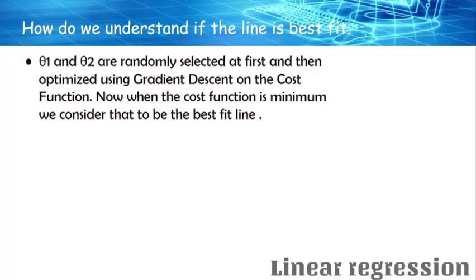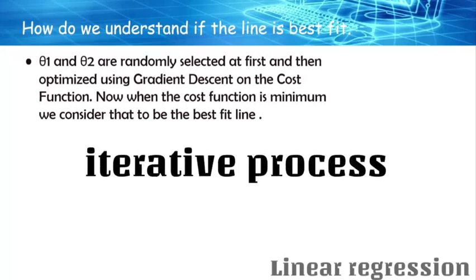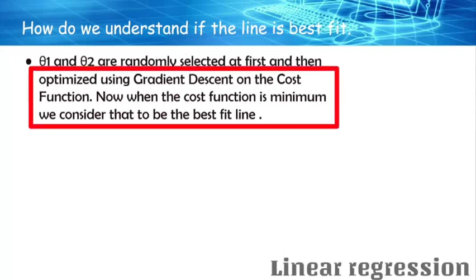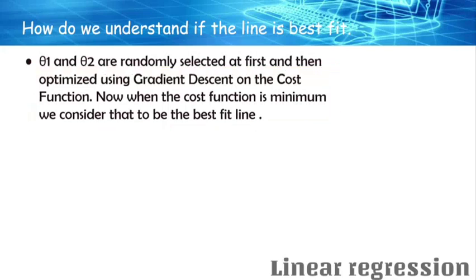After that we go with an iterative process. As I said, in one go we can't predict what exactly would be the value, hence we go with iterations. Using gradient descent on the cost function, we optimize to a new theta 1 and new theta 2 for better accuracy, and the cost function gets reduced.